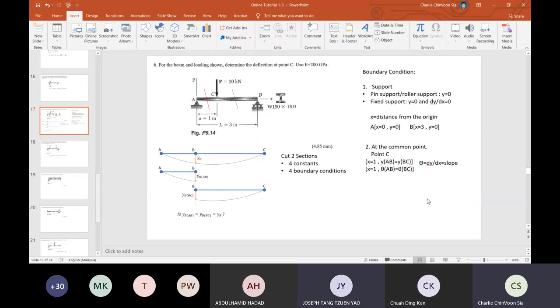Now back to the common point. There is a student asking one question, about the third boundary condition, at the maximum deflection point.